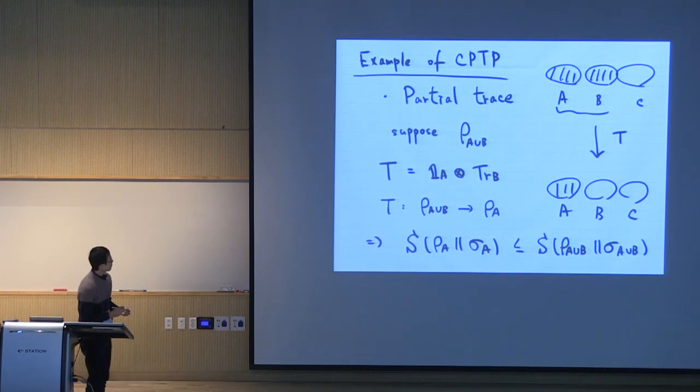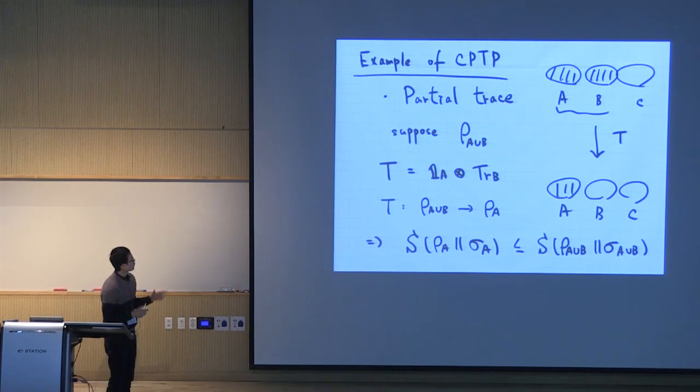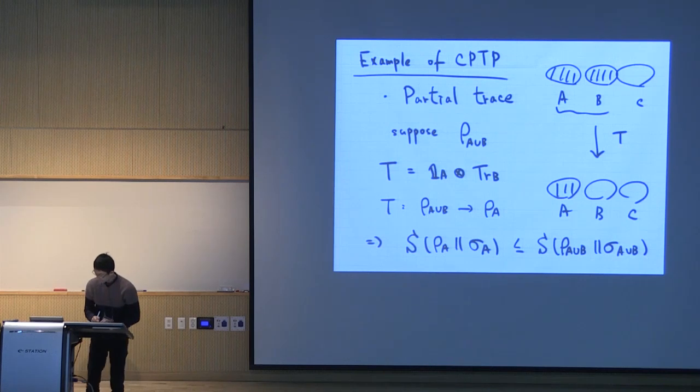Basically the monotonicity means that once you restrict your measurement or observation to a subregion, it becomes harder and harder to distinguish two quantum states, because you have fewer operators, fewer measurements in the subregions. So this is the meaning of the relative entropy, intuitively.